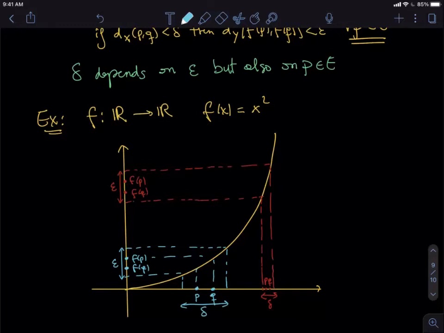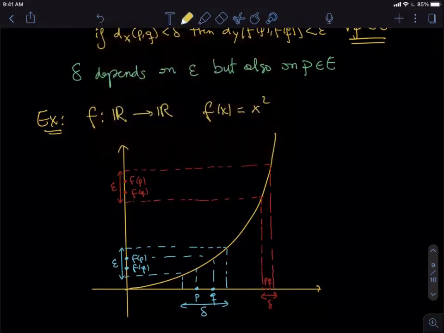Okay, so you see what is happening with this function as we take the same epsilon, but we take it higher on the y-axis, then what is happening to the corresponding delta is that it's getting smaller.